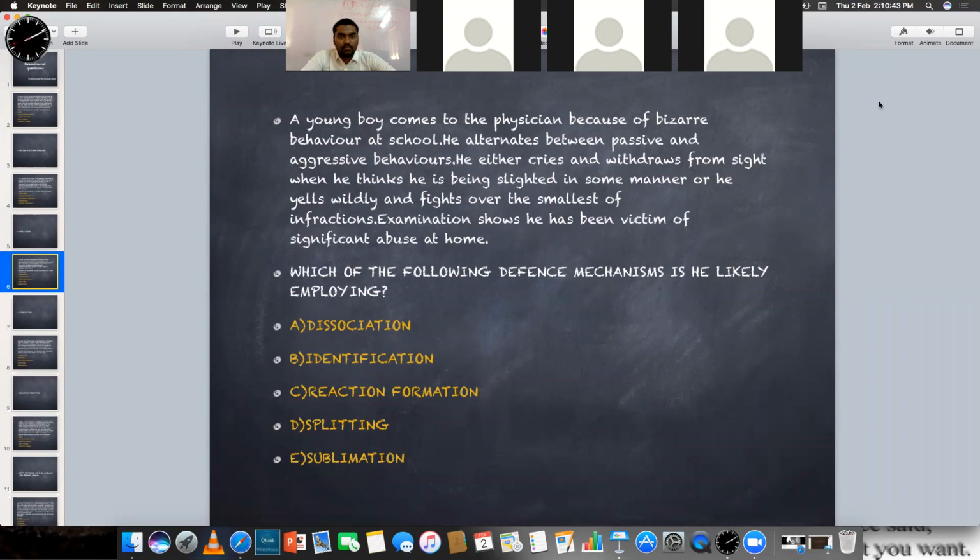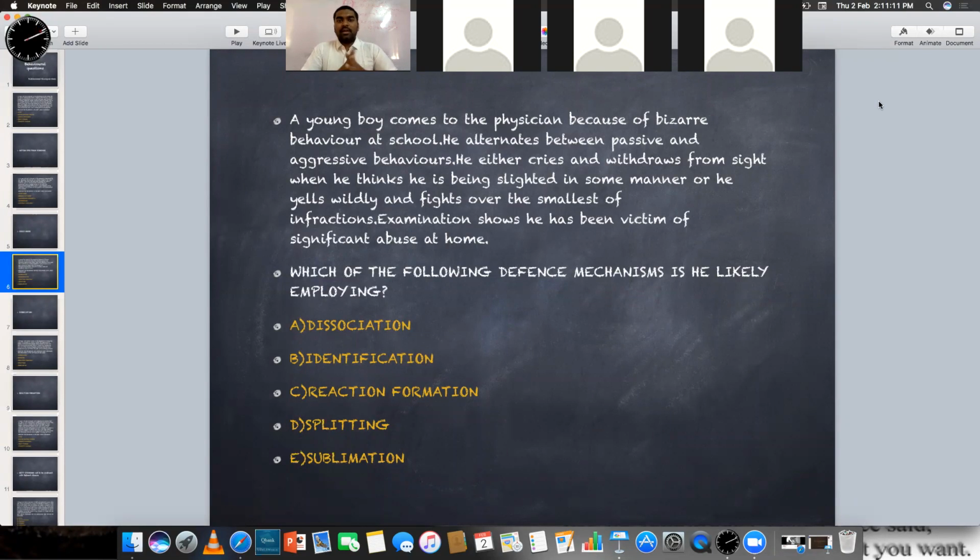Passive aggressive, between passive and aggressive. Splitting, okay. You're almost saying all the options. What do you say? You're saying it's reaction formation, okay. So all those people who were saying that it is dissociation are correct and the rest of the answers are wrong. I'll tell you why.